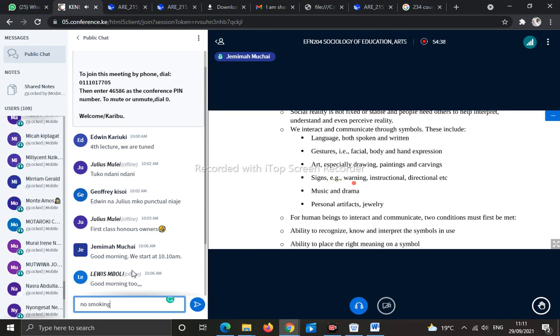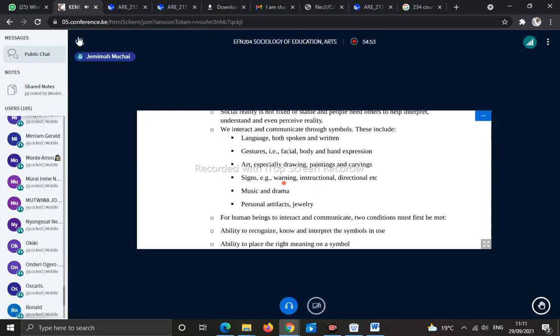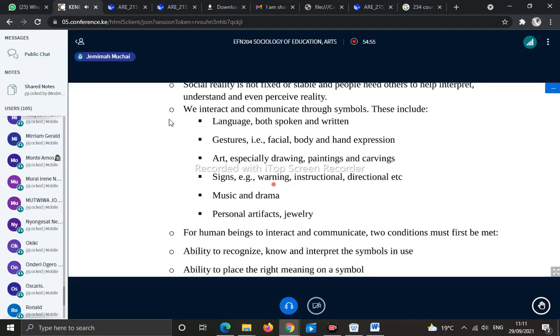For example, when there are people cleaning the floors, they will have a sign, slippery floors, caution. So you'll be in a position to know that if you don't walk properly, you may slip and fall and you may get injured. On the road, where there are many curves, they will draw some curves on the road so that when you are driving, you are careful to note that you should not drive fast.